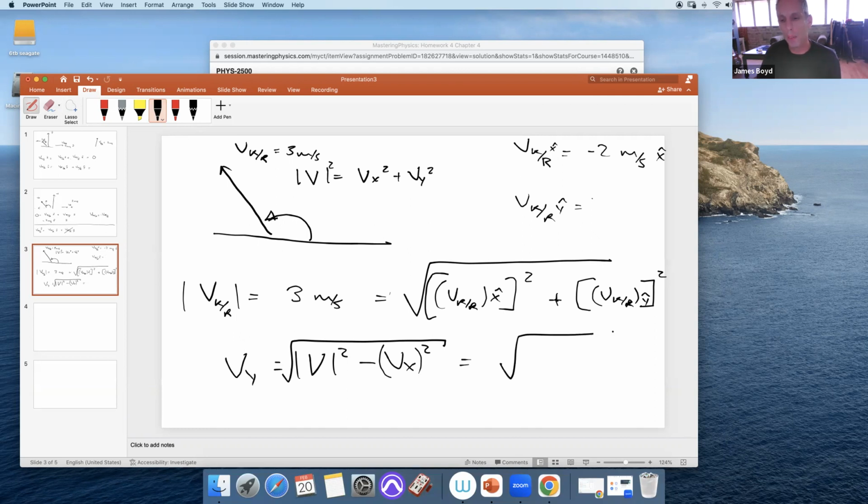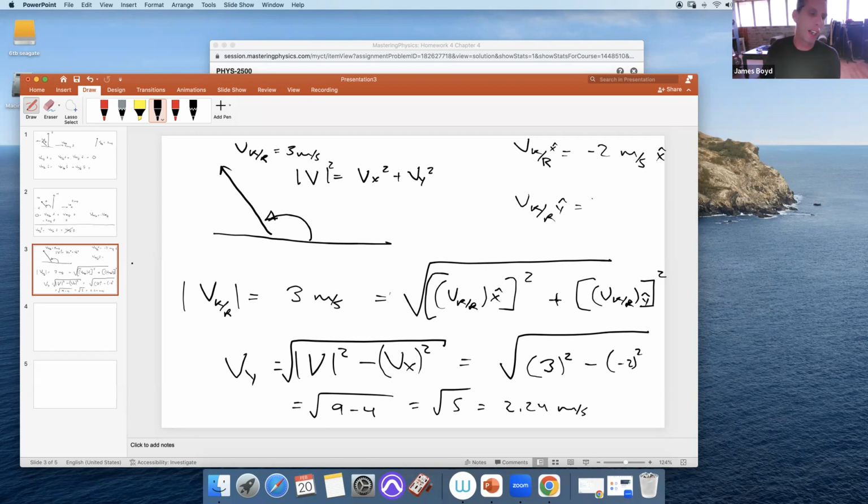So this is the magnitude of v, 3 squared, minus the x component, which was -2 squared. So this is 9 minus 4, or the square root of 5, which is 2.24 meters per second.